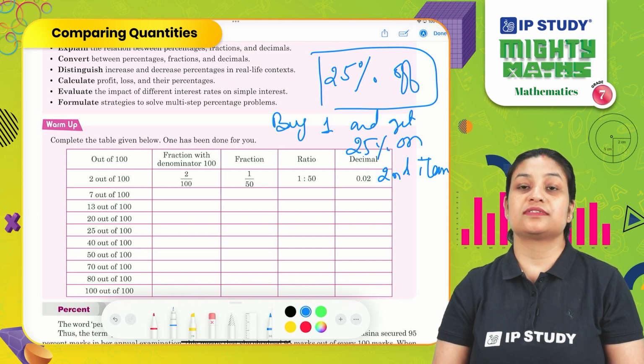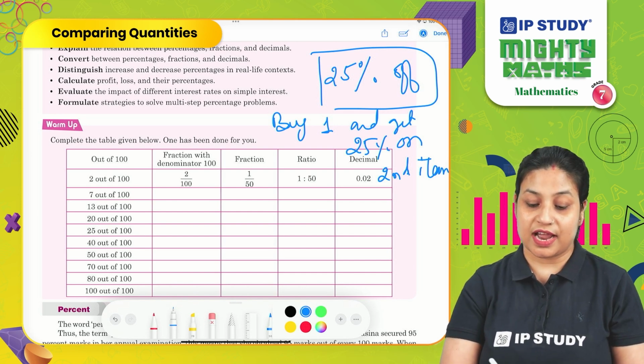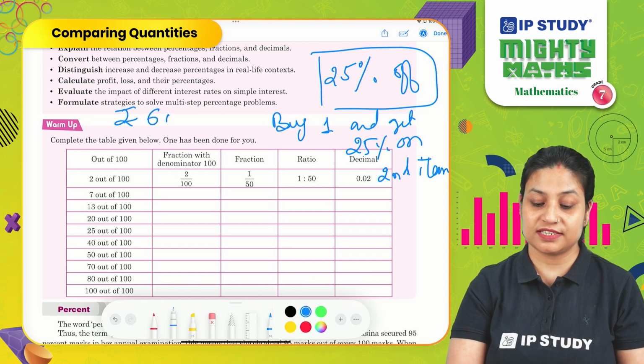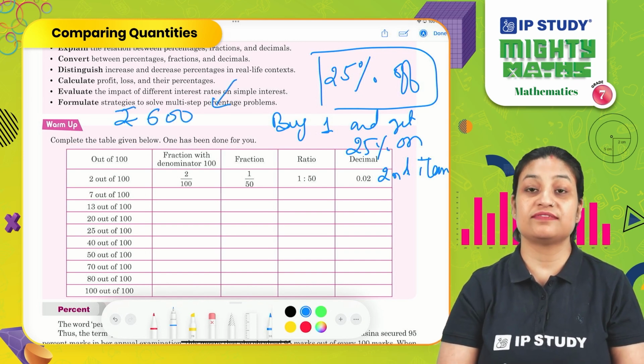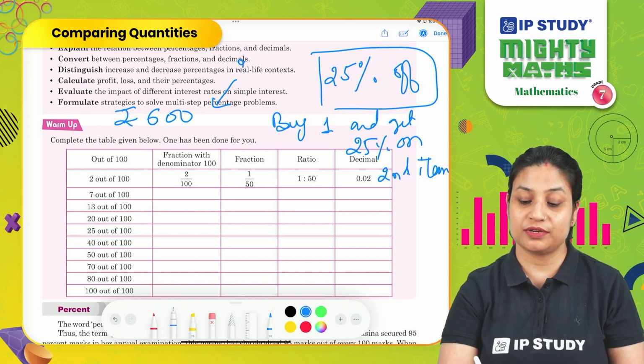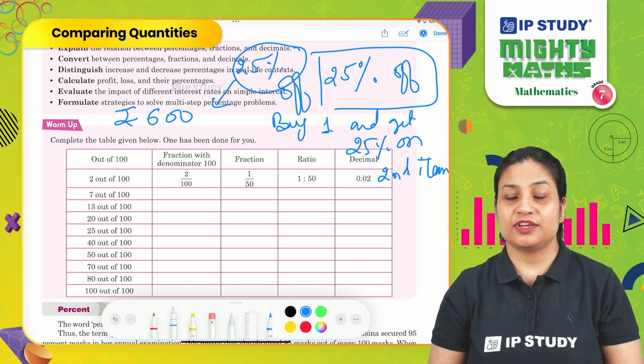So suppose you want to buy a shirt, right? And the cost of the shirt is written on the tag, and you have seen one more thing written on it, like 20, right? So what does it mean? You ask your mom.